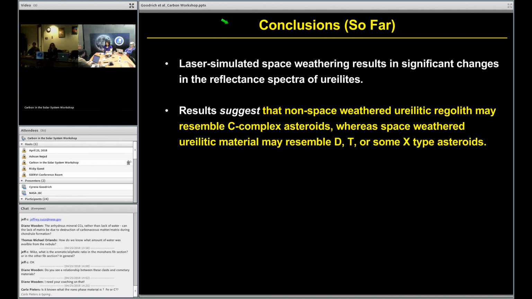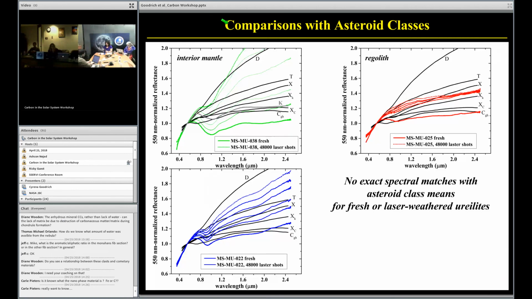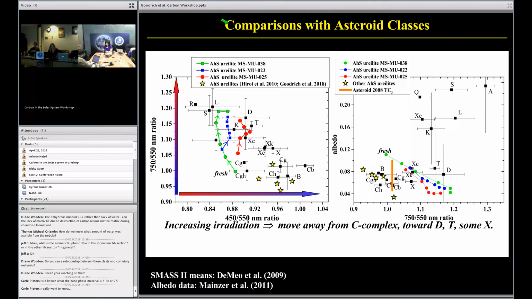Cyrena, this is Kelly Miller. So you pointed out on your plots of the albedo versus the reddening, all those stars that were other class that hadn't been experimented on. So those are probably unweathered, unspace weathered class. Those are definitely unspace weathered class.